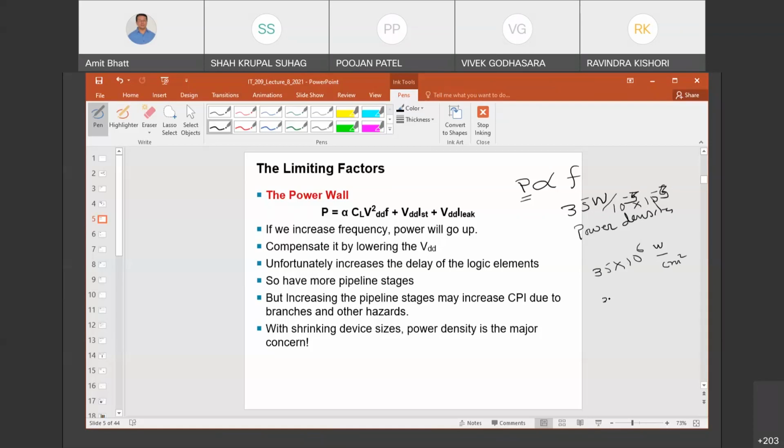This is 35 megawatts per centimeter square. Now you can imagine 35 megawatts is a huge number. And look at your size. In 1 centimeter square, it is almost equivalent to using 35 megawatts of power. And proportionate heat would generate.